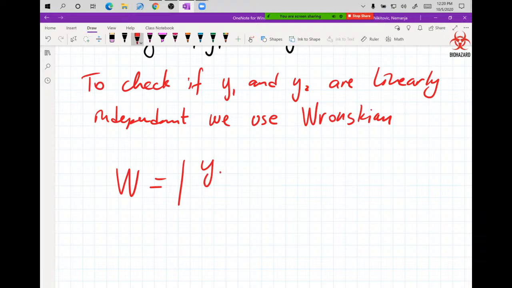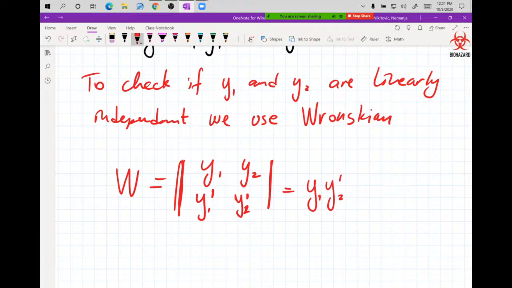as the determinant of y1, y2, y1 prime, y2 prime, and that is equal to, when you solve the determinant, y1 y2 prime minus y1 prime y2. I will explain all of this stuff, especially for you who never had matrices before.